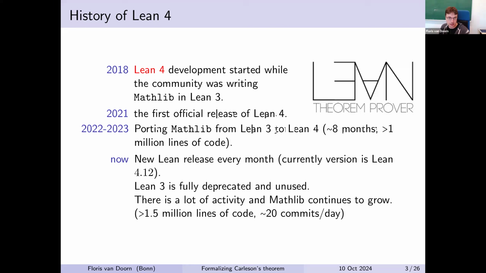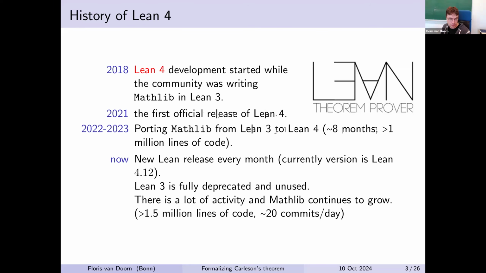But the development team had already transitioned to developing Lean 4 since 2018, even though that was when the mathematical library barely got started. While that mathematics was developed, Lean 4 was being developed, and that took 3 years before the first official release, which was in 2021.